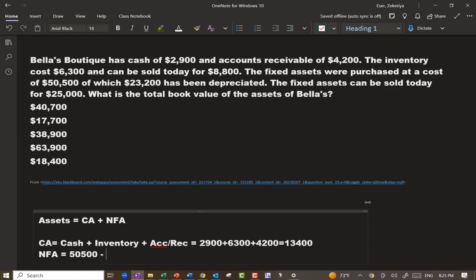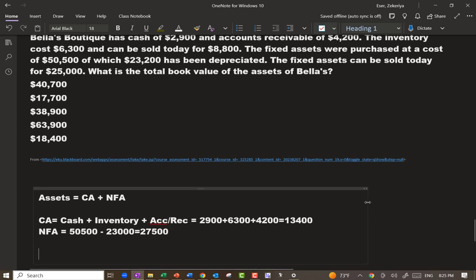How much is the accumulated depreciation? $23,000. You just subtract. So the book value of fixed assets is 27.5. Unlike Excel, you put the equal sign afterwards. So the book value of the assets is 27.3 plus 13.4.